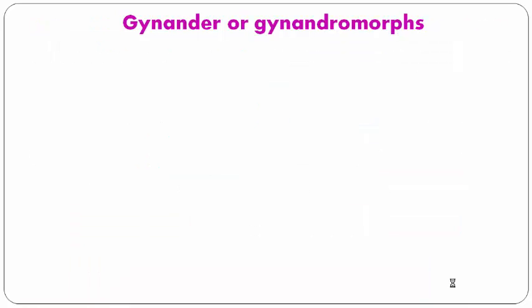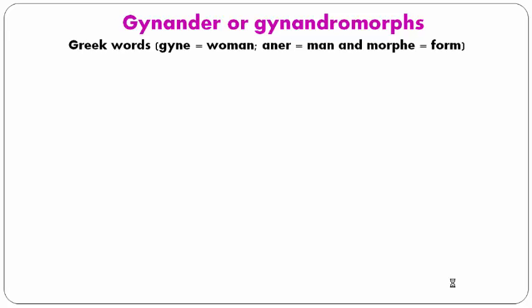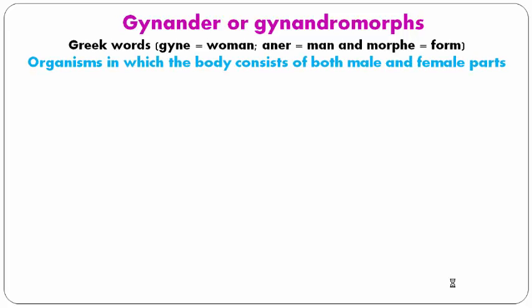Now we will consider the next part, that is gynanders or gynandromorphs. The Greek word gyne means woman, aner means man, and morph means form.